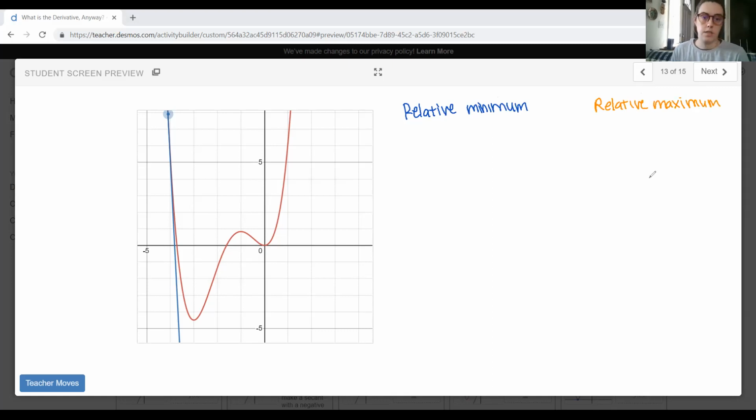Take a moment to identify where you see a max or a min on this graph. Okay. Now, it would be super great if I could just have you annotate on the screen, since this is a recording, maybe just in your notes, sketch this function and then circle where you see a min or a max. Okay. So I'll give you a moment to do that.